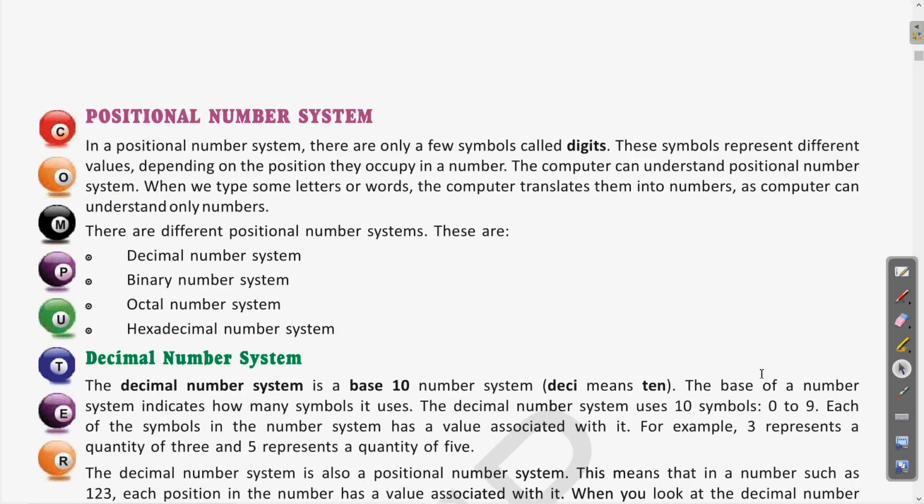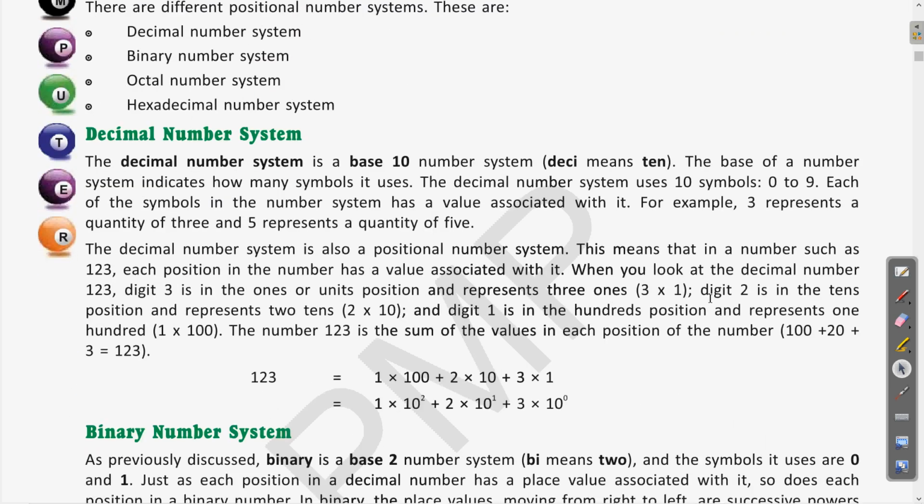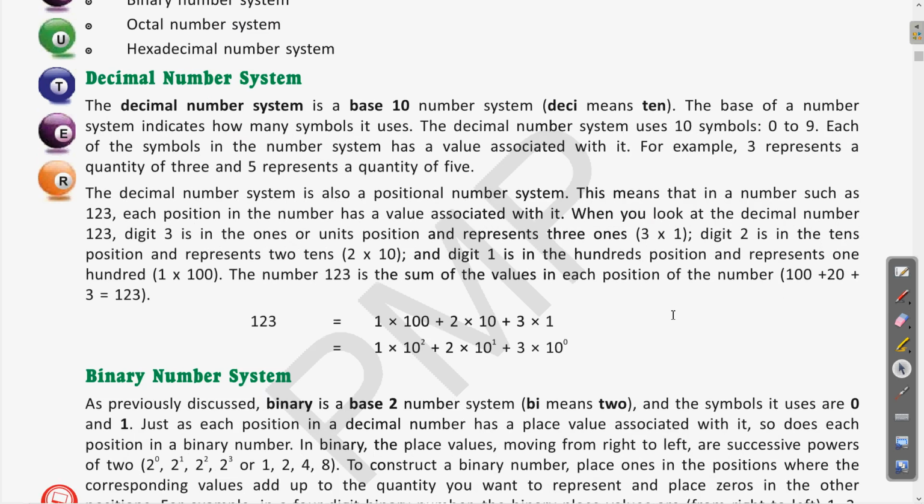Then for the positional number system, we have seen the decimal number and binary number systems. In the decimal number system, whatever digit you are writing, its value depends on its position. In this example, each of these digits is being multiplied by its position, meaning the place value.